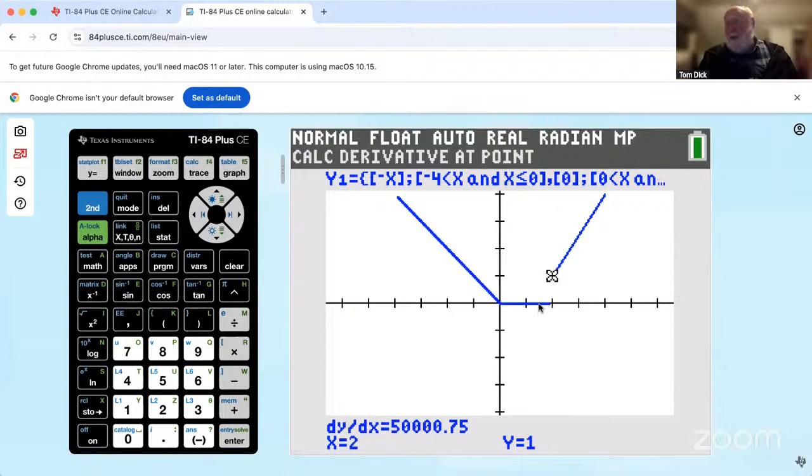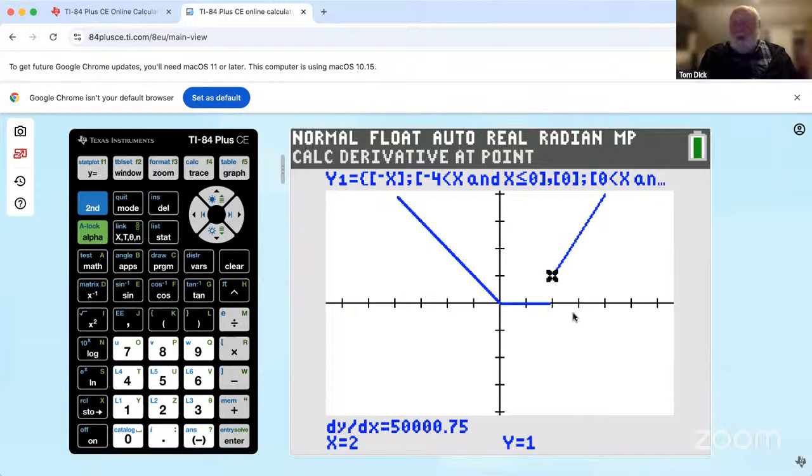It got 0. So it took something close to 1, minus something that is 0, and then it's dividing by a really tiny number. So it's getting this huge positive slope. Gotcha. And so this is just showing that it really is doing a numerical approximation. And if you try that where there's a sharp corner, or this is even worse, an actual break in the graph, we wouldn't expect it to do a very good job.